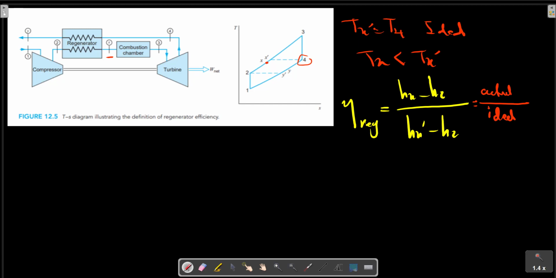If the specific heat is assumed to be constant, eta regenerator equals (Tx minus T2) over (Tx prime minus T2).